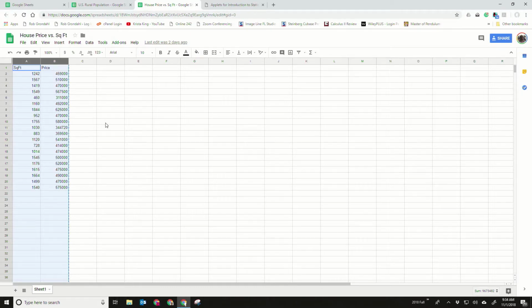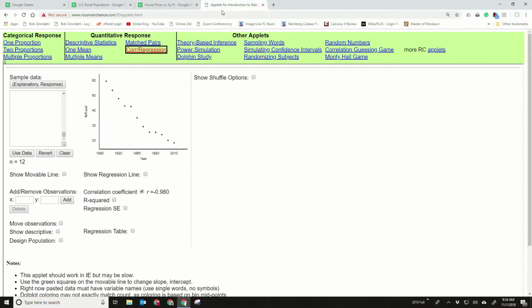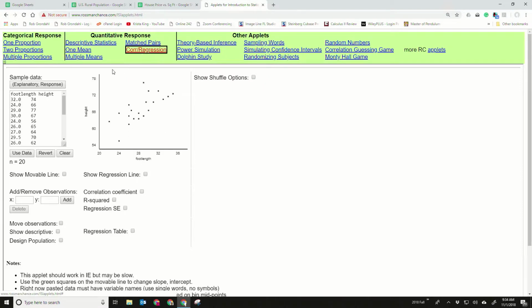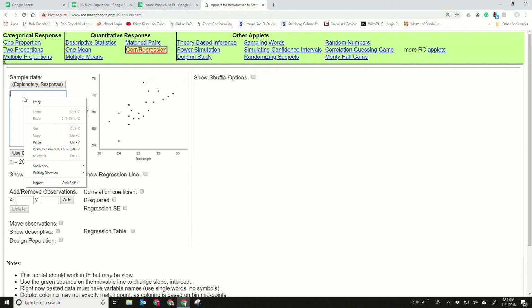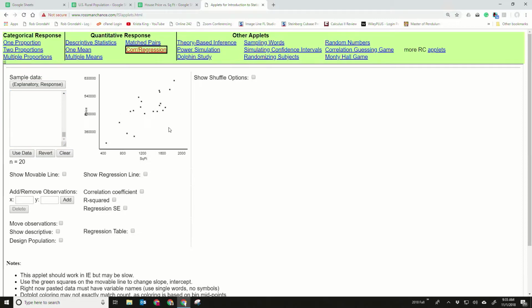So I'm just going to use that house price data again. And we're just using the correlation and regression applet here, just like we did to generate a scatter plot. I'm going to paste my data in. So here's our square footage, house price. Let's show the correlation coefficient.